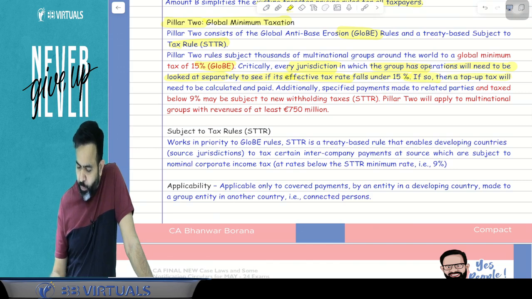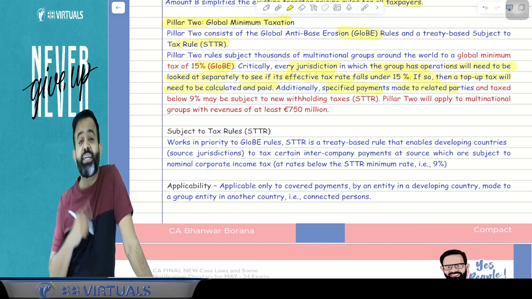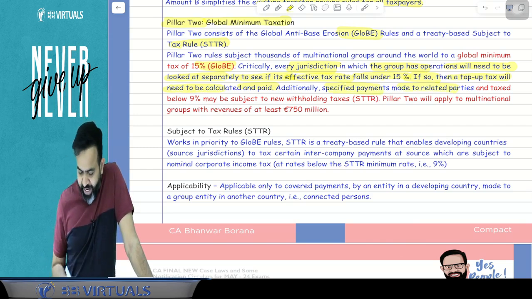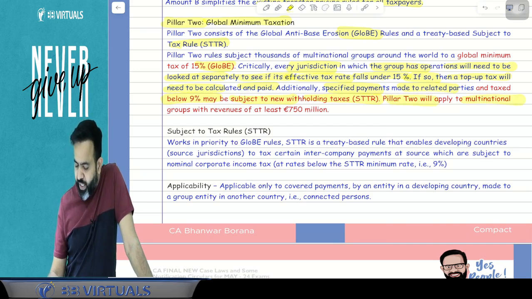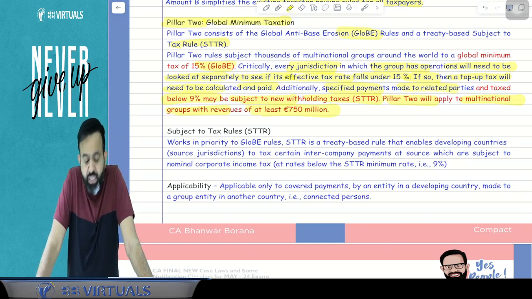If so, then top-up tax will need to be calculated and paid. Additionally, a specified payment made to a related party, associate enterprise, and taxed below 9% may be subject to the new withholding tax, that is called STTR. Pillar 2 will apply to a multinational group only when the revenue is at least 750 million euros.